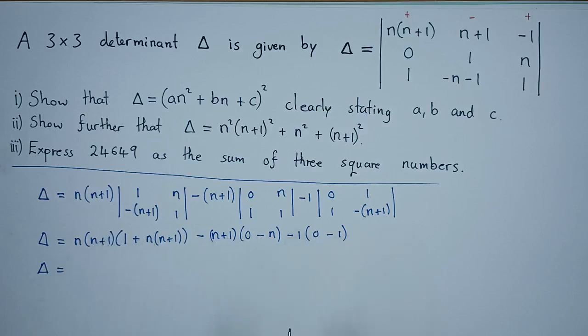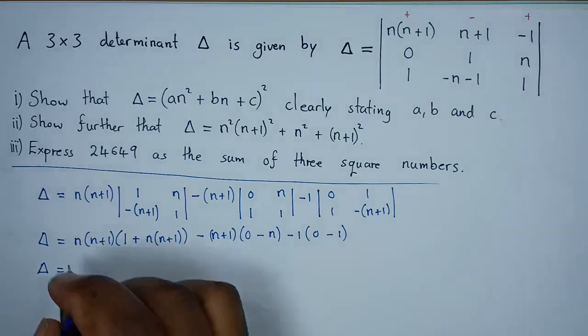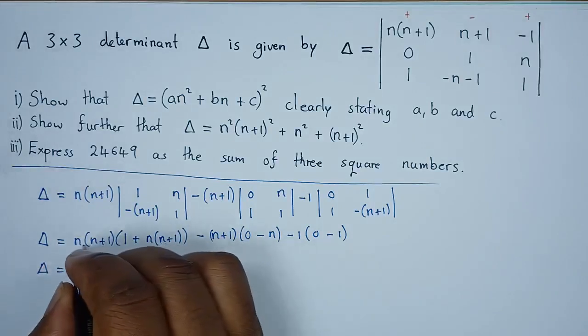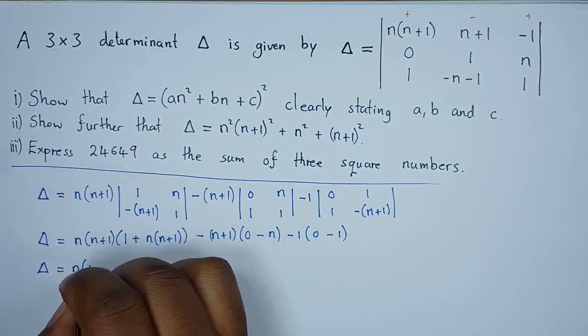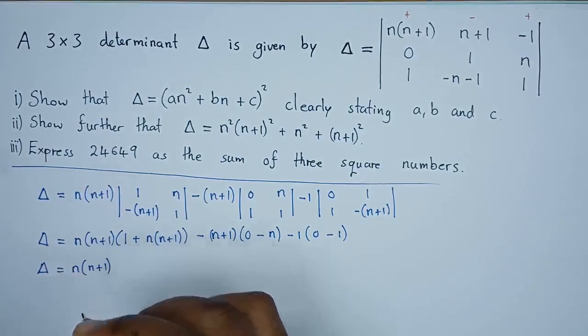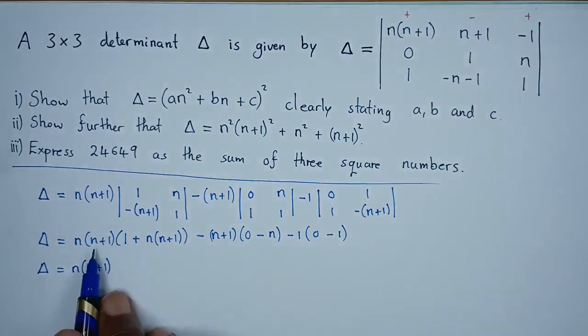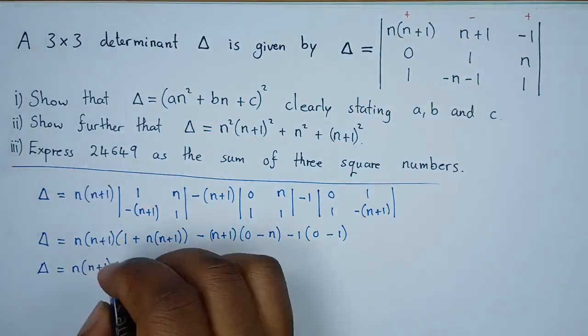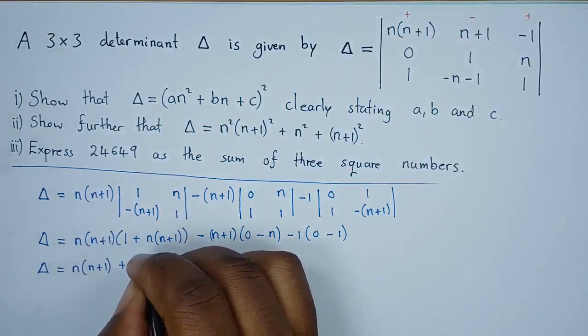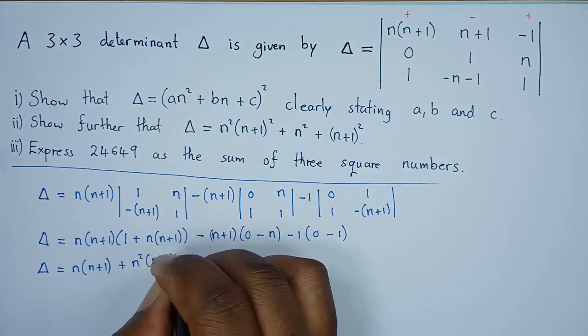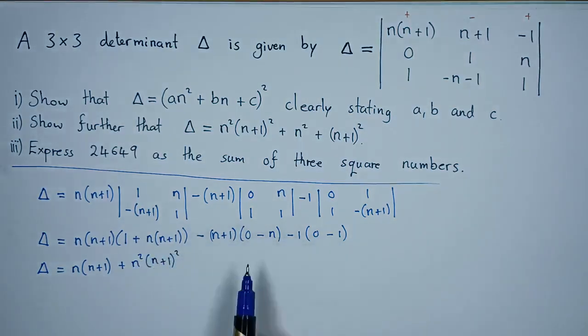Then there, we'll see what happens there as well. So this is what will happen. We have this multiplied by this 1 here, we'll get n plus 1, like that. Then if this multiplies this, they are the same. So it will just produce n squared, n plus 1 squared, like that.